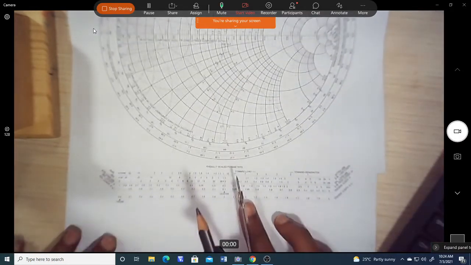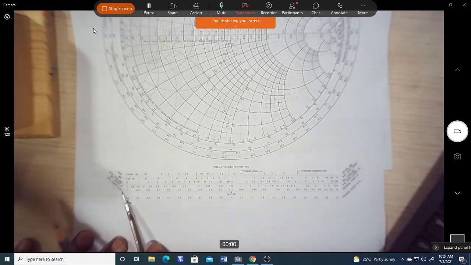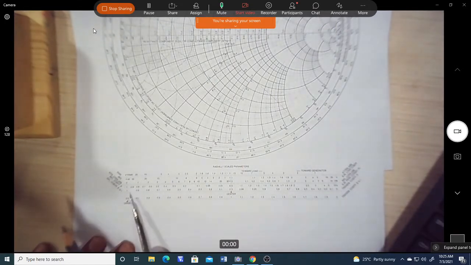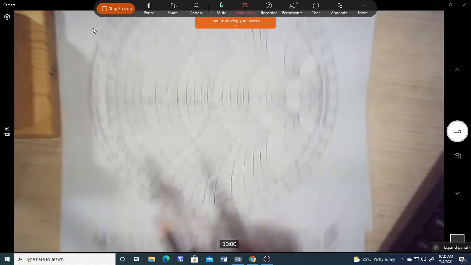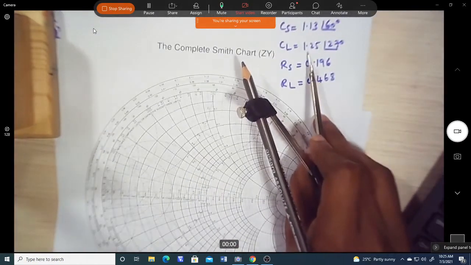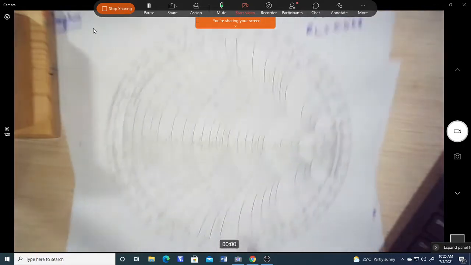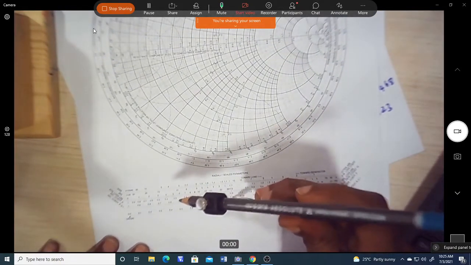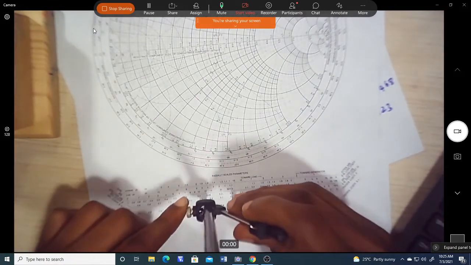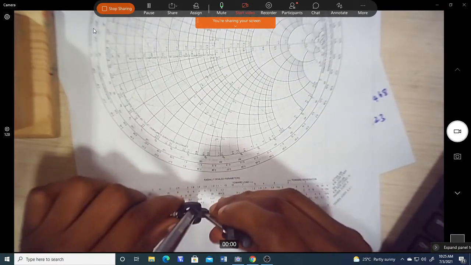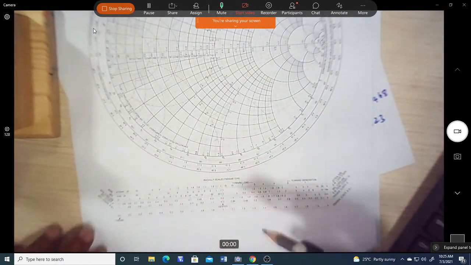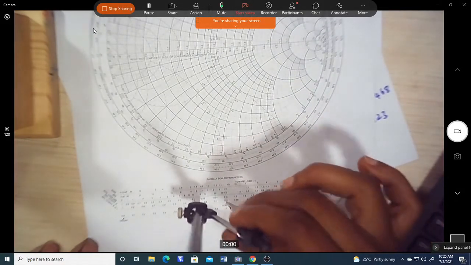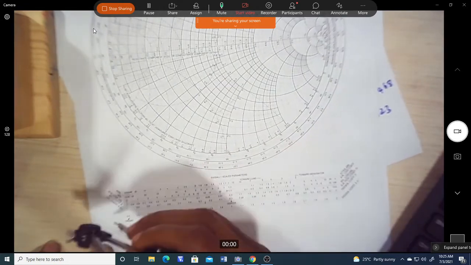Now we can see here, this is a reflection coefficient scale, where we have only 0 to 1, but we need 1.25. So for that extra 0.25, you need to take the arc here in this scale and mark that extra 0.25, adding it from 1.